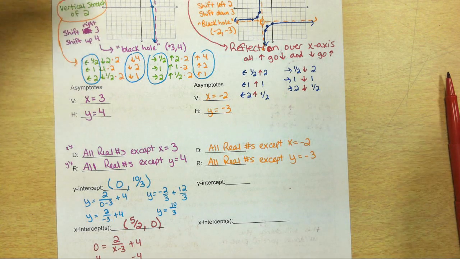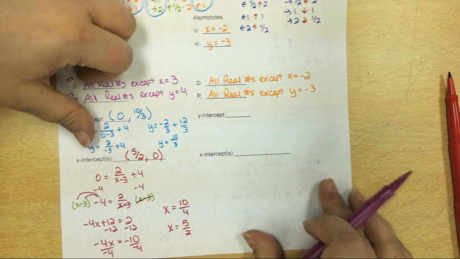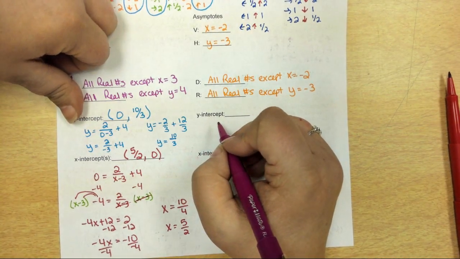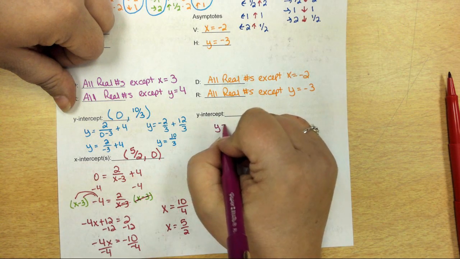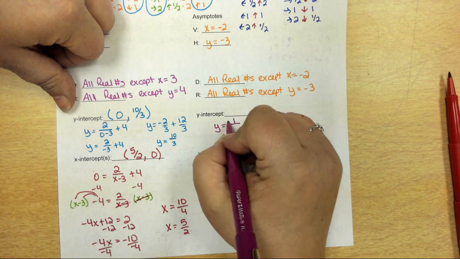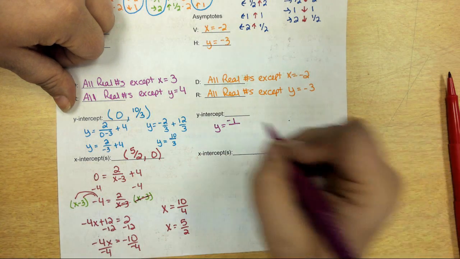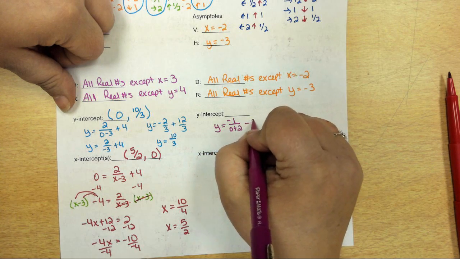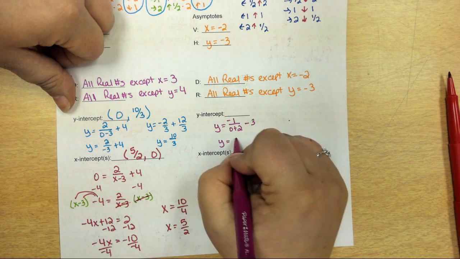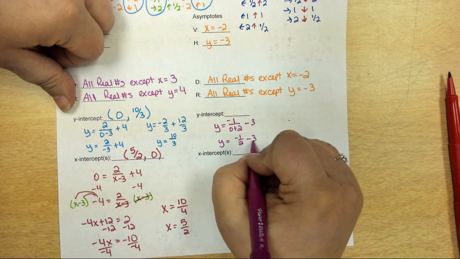Now to do the y-intercept, we will put in 0 for our x, so y equals 1 divided by, negative. I'm going to move the negative up top. Negative 0 plus 2 minus 3. So y equals -1/2 minus 3.